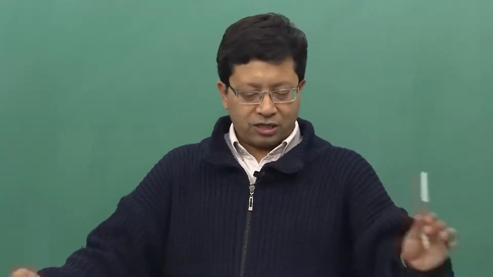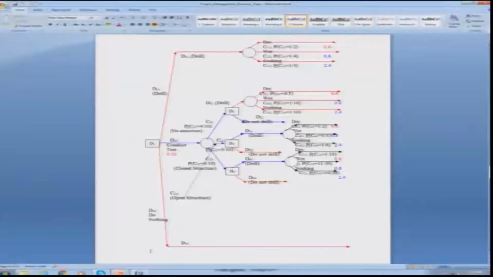So, if you pay attention, the upper arm was basically not viable. You are basically starting from the right. In this arm, the blue one is no drill, which means the value was 0, hence you took that.